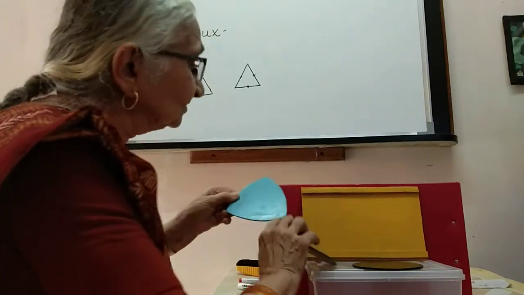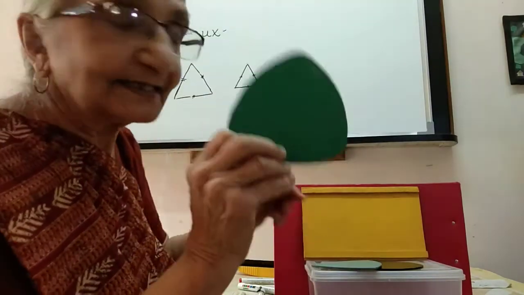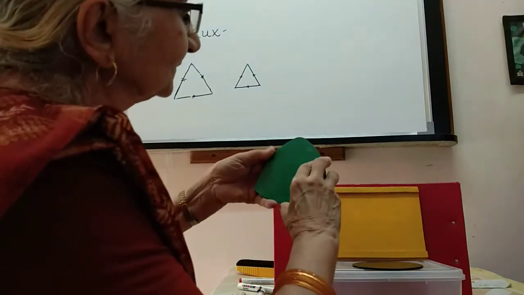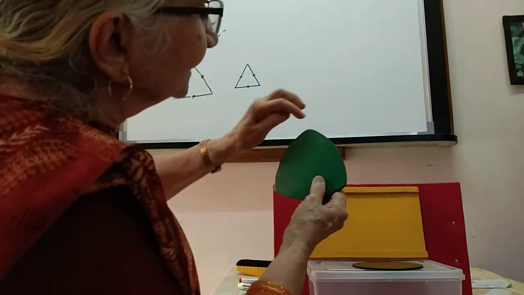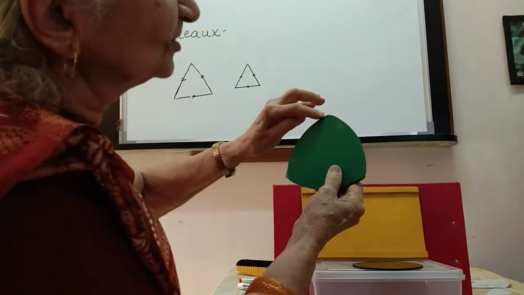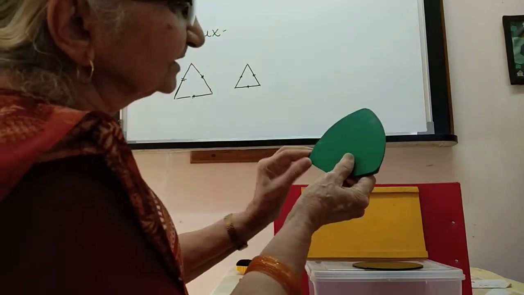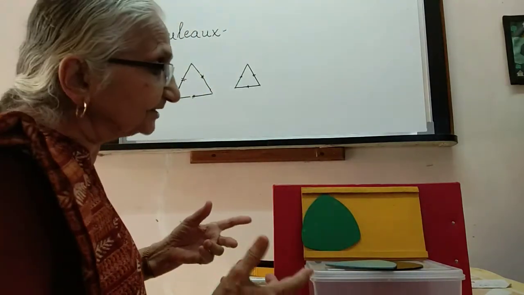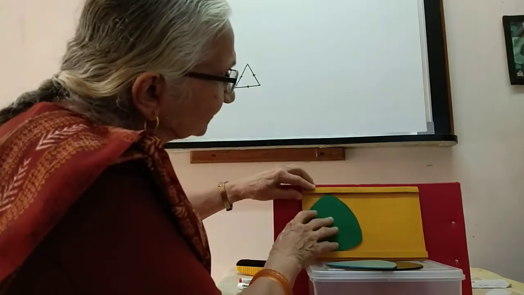Now, this is not the only one. There is another which is slightly different. As you will see, the corners have been sort of smoothened at all the three places. And this curve is also another variation of Roulette triangle, and you will see that this will also roll.